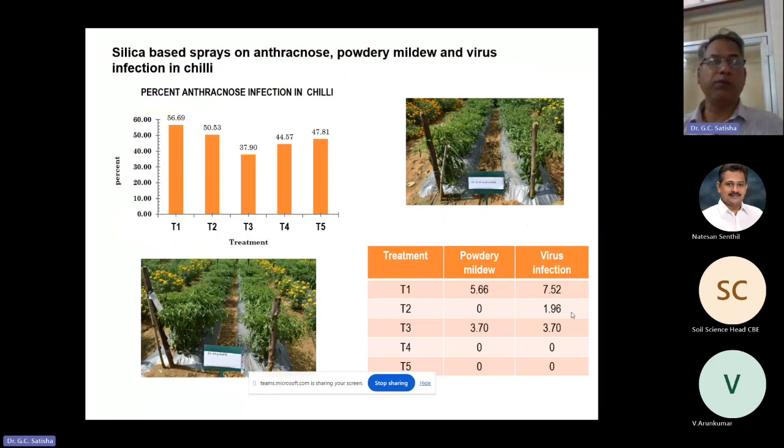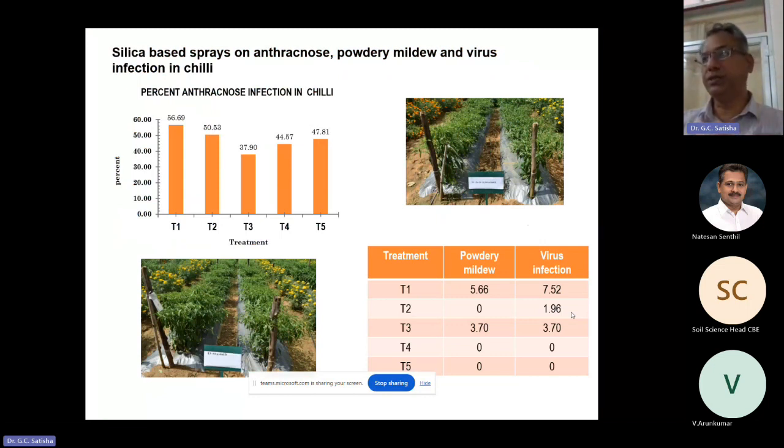In chili, though the crop grows very well, anthracnose is another problem, especially for hot pepper. Because of anthracnose, almost 30 to 40% yield loss occurs. If it is controlled, another 20% loss can be reduced.